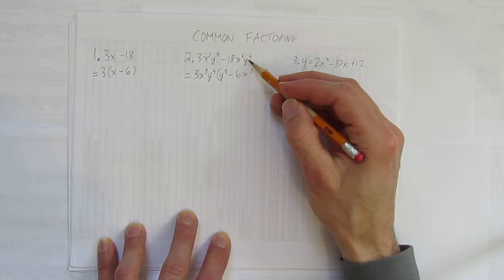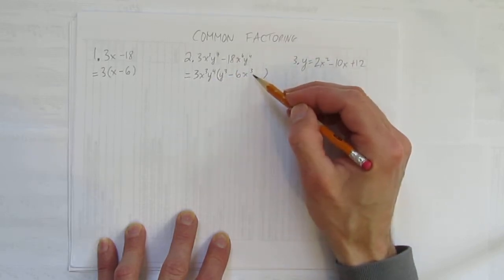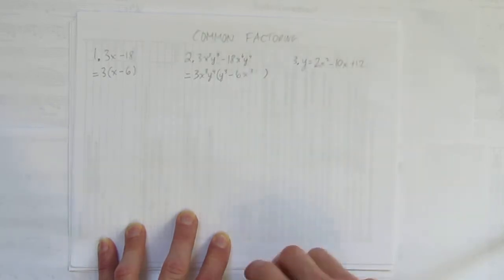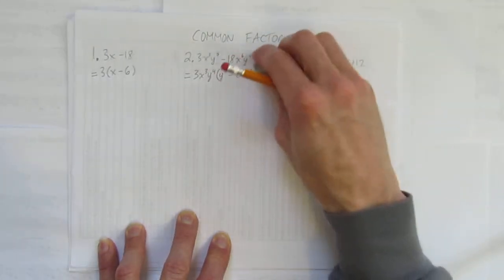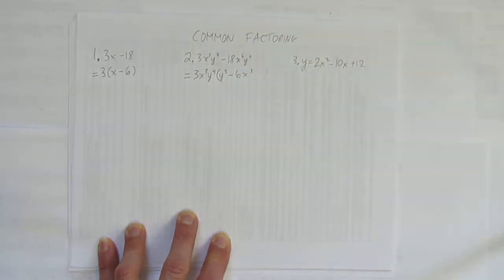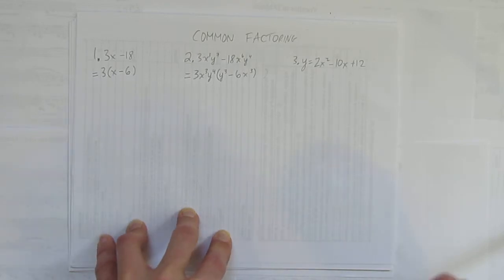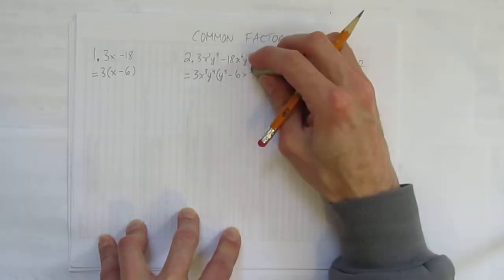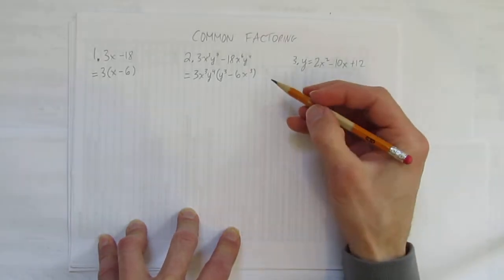The last one was y to the power 4 divided by y to the power 4. Anything divided by itself leaves 1, which just means times 1. That's understood to be cancelled out. And so we're left with, in the brackets, y cubed minus 6x to the power 3. And it's common factored. So that's common factoring, which you should always try and do first.